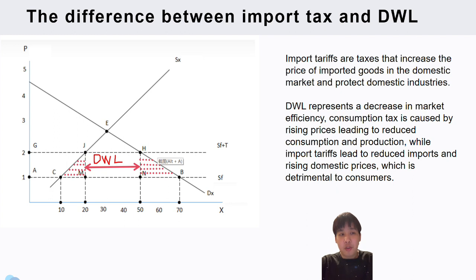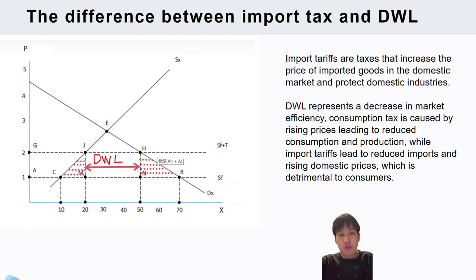And for the difference from DWL, in question 1, DWL refers to the reduction in the market caused by the tax, resulting in reduced consumption and production of certain goods. This is because consumers have to pay a higher price.